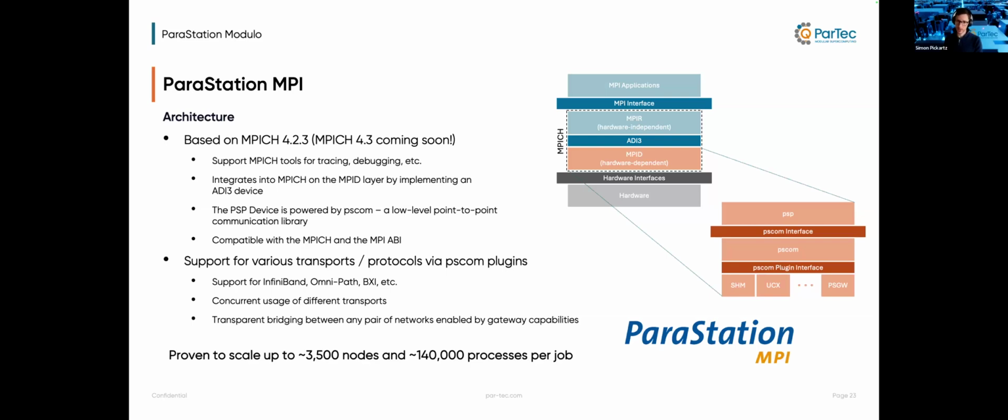And PSCOM, in turn, is able to leverage different underlying transports and protocols common in HPC, of course, starting from intranode communication via efficient shared memory communication, but also internode communication via UCX, and then in turn InfiniBand verbs, of course.